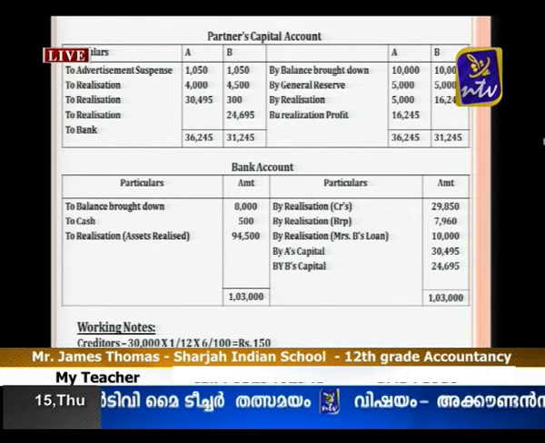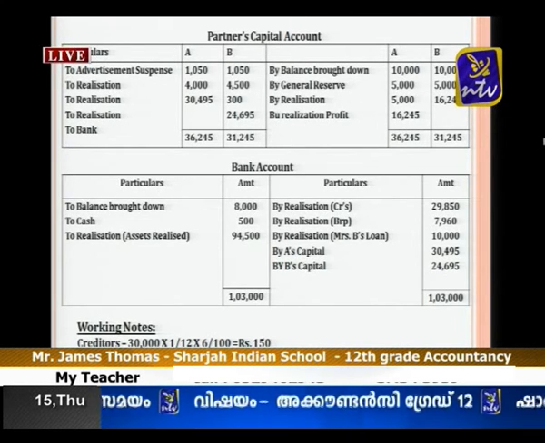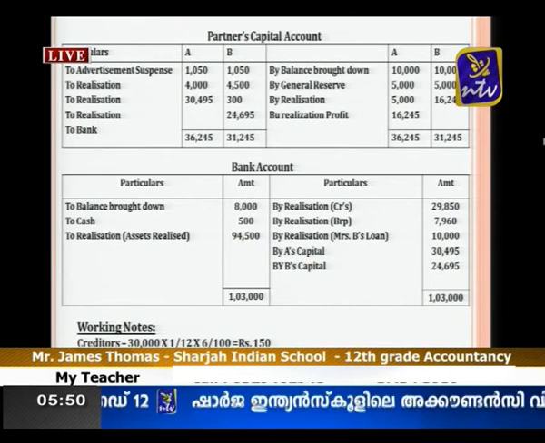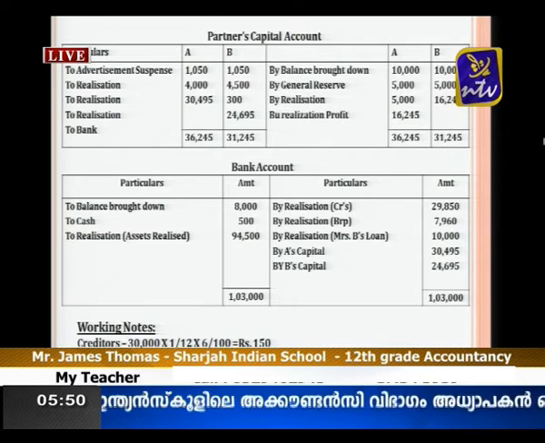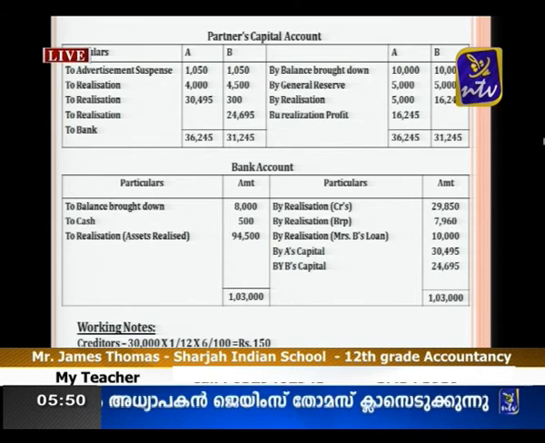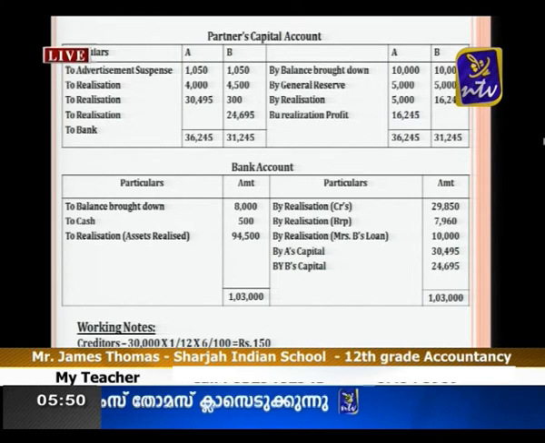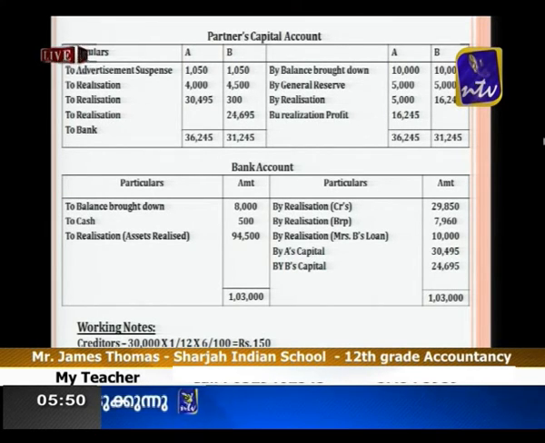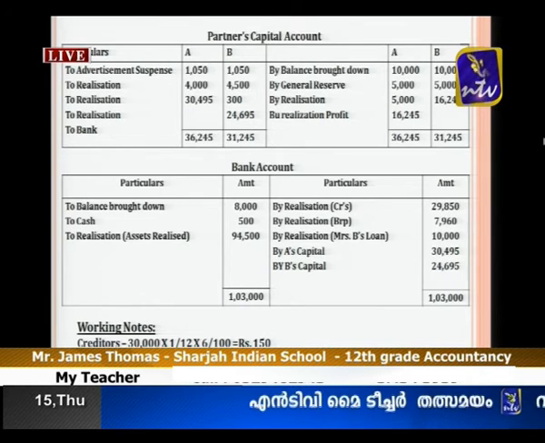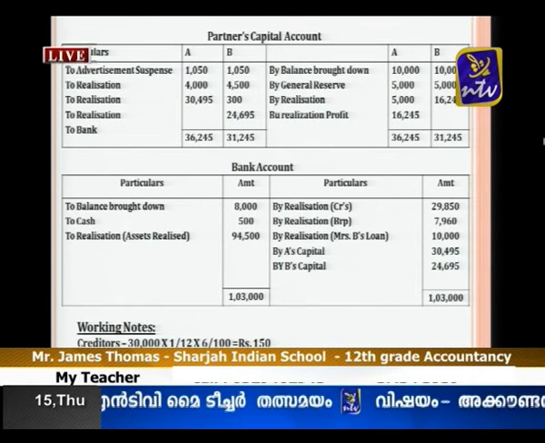And if the partner's capital account is showing a debit balance, we are transferring to the cash account by passing a journal entry: cash account debtor to partners' capital account. Here I am getting a credit balance, and that credit balance we are transferring to the bank account credit side.